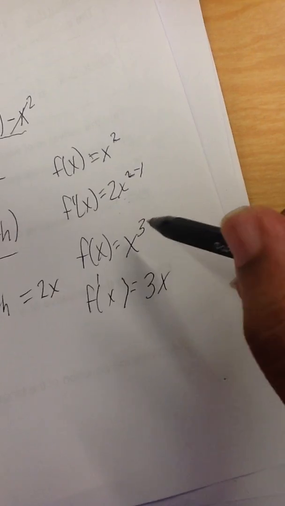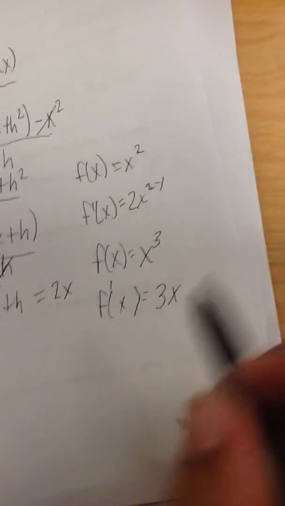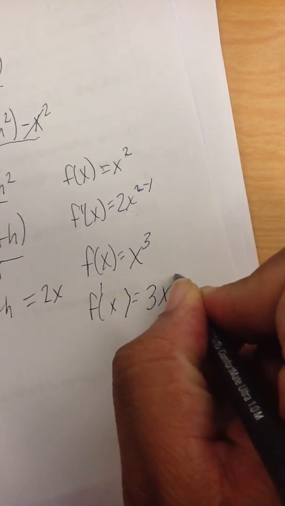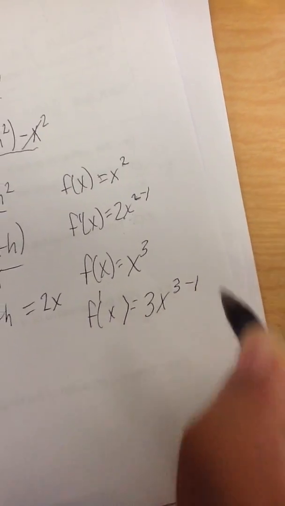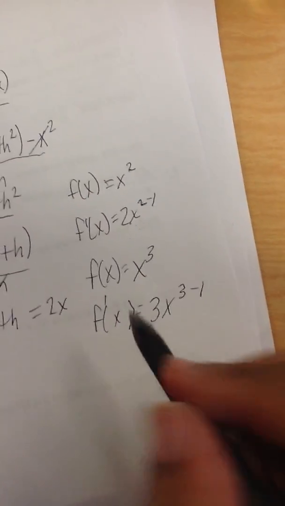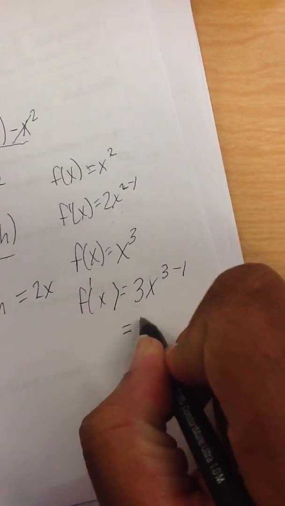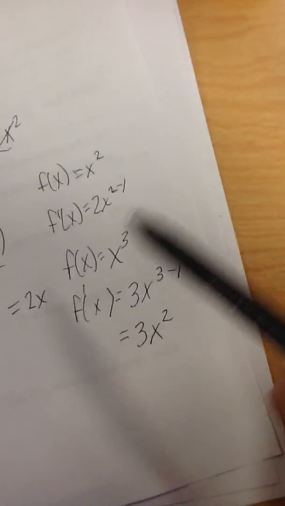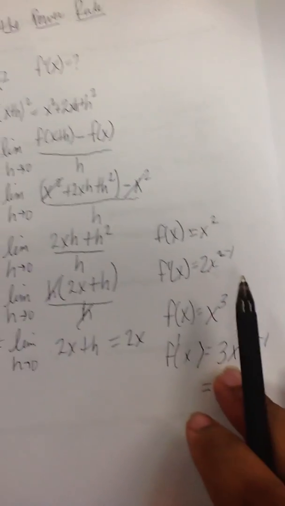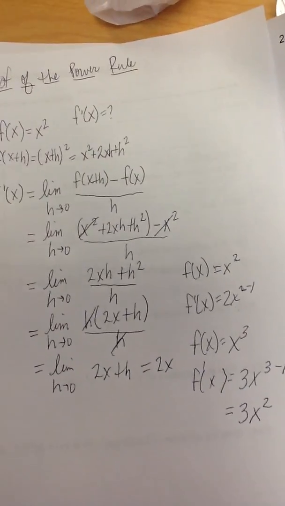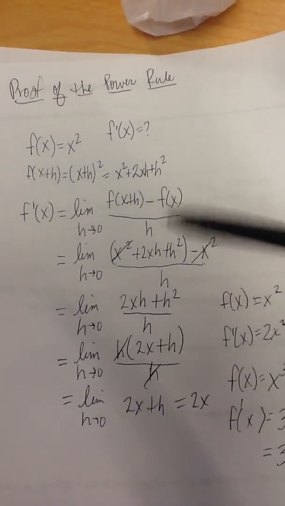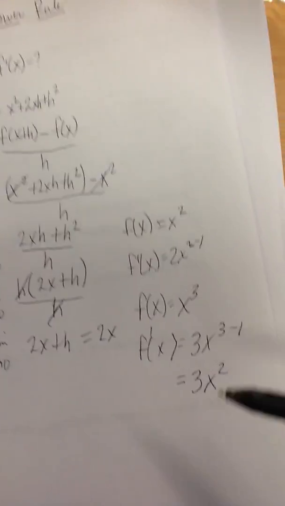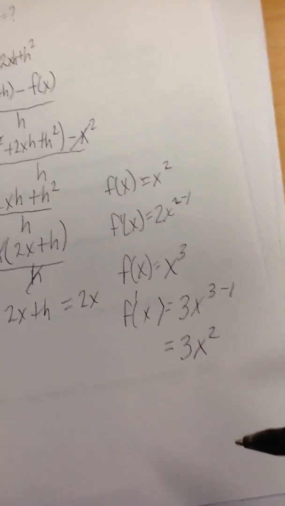And instead of having 3, I'm going to subtract 1 from the exponent. It's going to be 3 minus 1, so that's 2, so it's going to be 3x squared. And of course, if I use the limit definition, I should come out with this if I started off with x to the 3rd power.